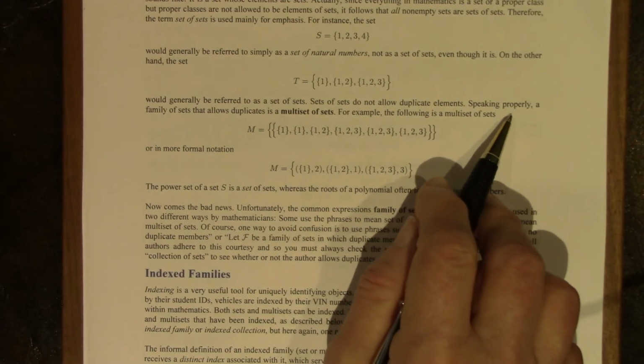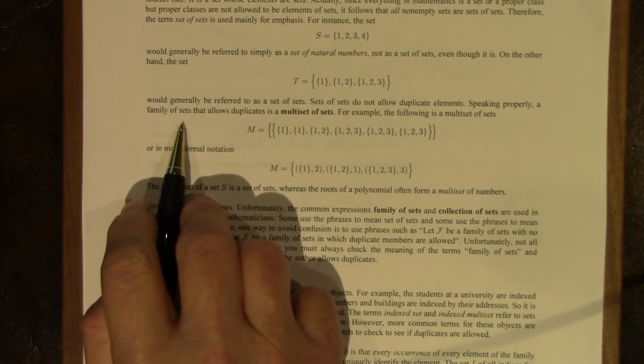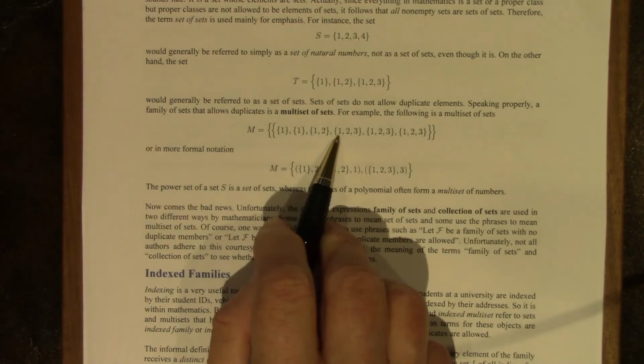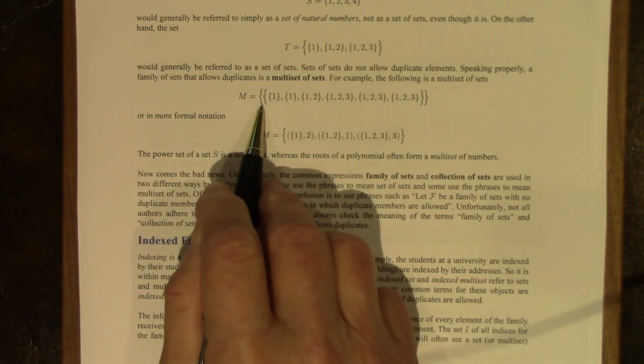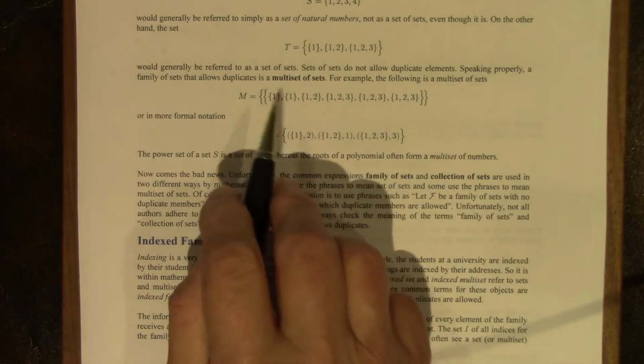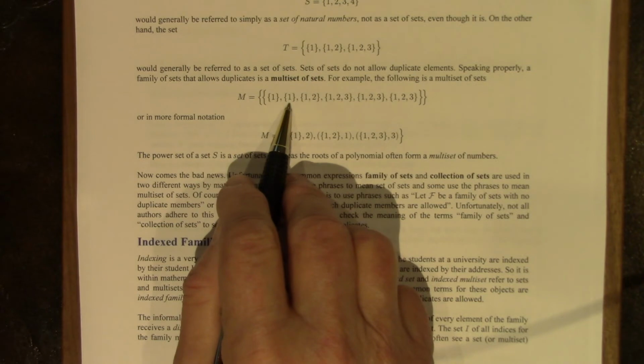Now, speaking precisely, a family of sets that allows duplicates, so I can't call it a set of sets. What do I call it? A multiset of sets. Here's an example. I did use the multiset notation. The set containing 1 is repeated twice, has multiplicity 2.